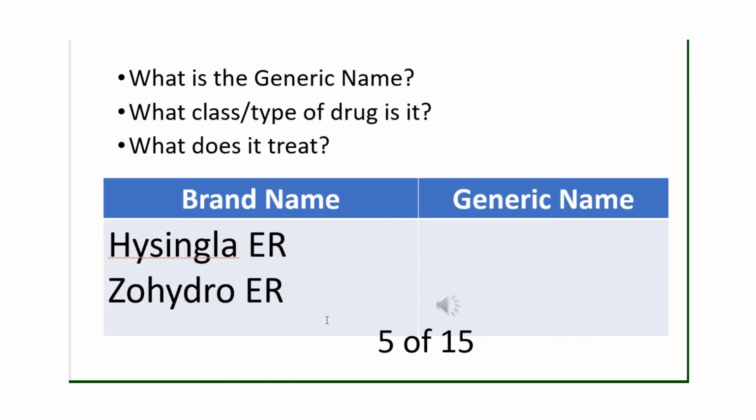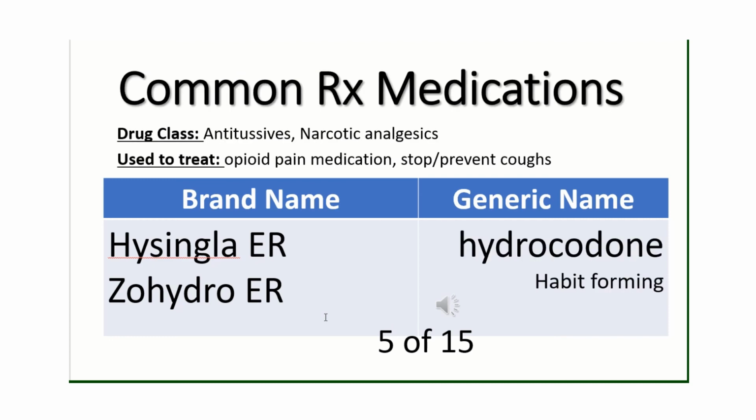What is the generic name for Hysingla and Zohydro? What type of drug is Hysingla ER and Zohydro ER? What does Hysingla ER and Zohydro ER treat? The generic name for Hysingla ER and Zohydro ER is hydrocodone.